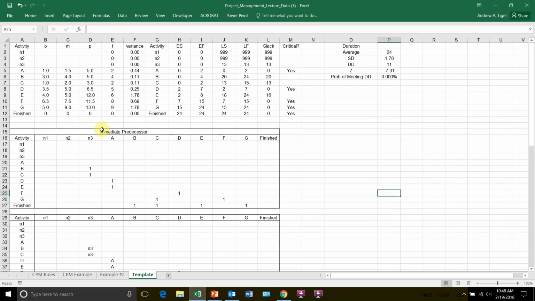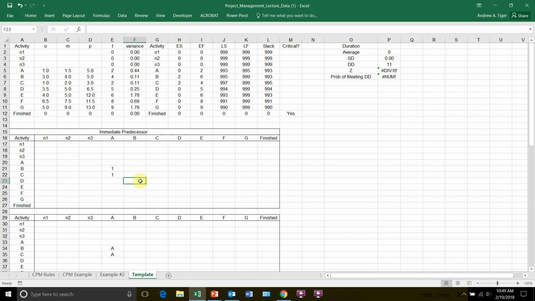But the final thing you have to do is that you've got to be able to construct the precedent relationships. So in the book, it says that activity A does not have a predecessor, so I leave it blank, but activity B has A as its predecessor. Activity C has A as its predecessor.